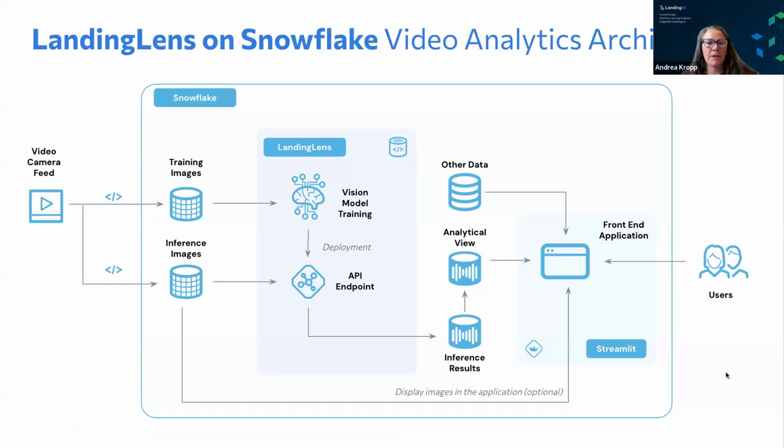What I really like about this is it is just Snowflake and LandingLens. You can repeat it for the 4 camera feeds that we looked at. It's the same workflow, same process. Once you iron it out, you're going to be able to repeat this concept on other video feeds very, very quickly. So let me pause there and we'll see what questions have come in.